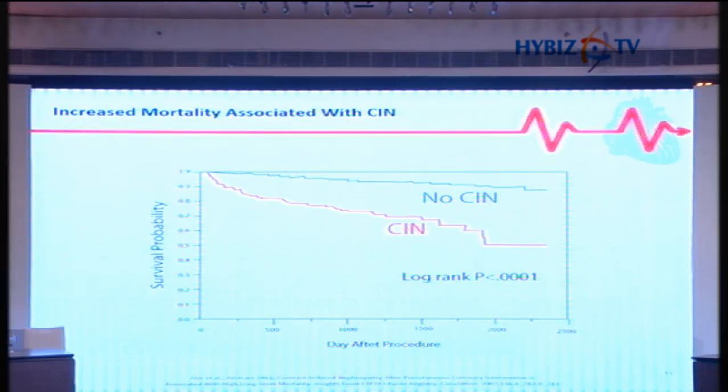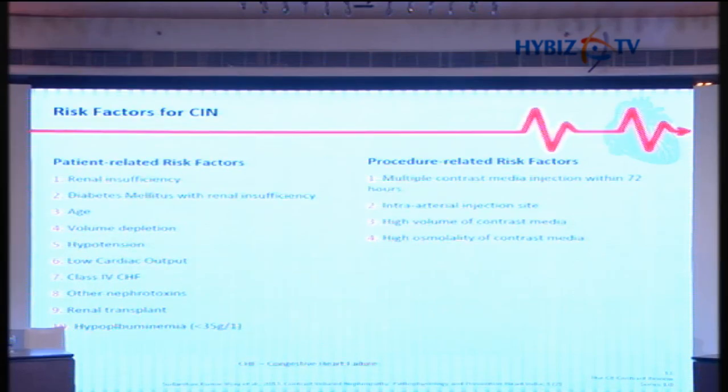So coming to the risk factors for CIN, those are divided into two: patient-related risk factors and procedure-related risk factors. Patient-related risk factors are renal insufficiency, diabetes mellitus with renal insufficiency, age more than 75 years, volume depletion, hypotension, low cardiac output, class 4 congestive heart failure, use of other nephrotoxic drugs, a renal transplant patient, and hypoalbuminemia.